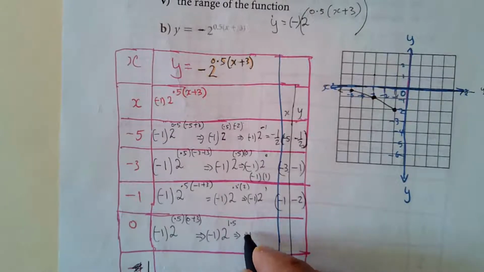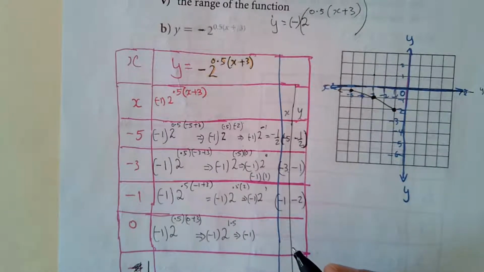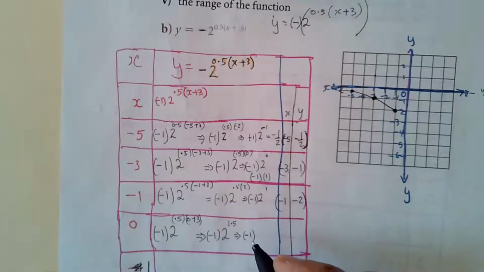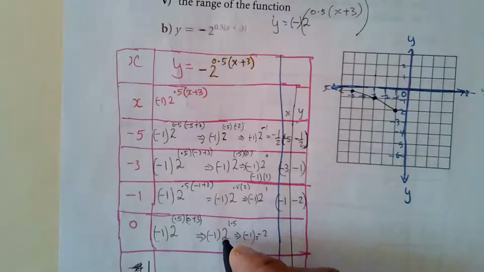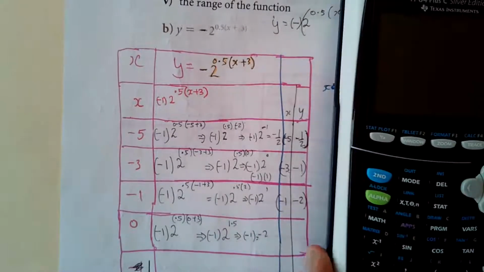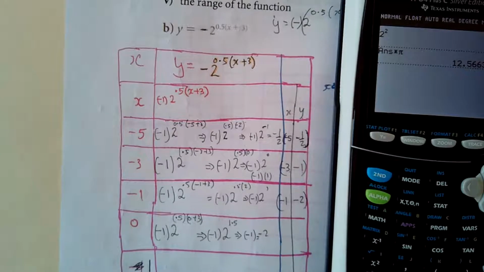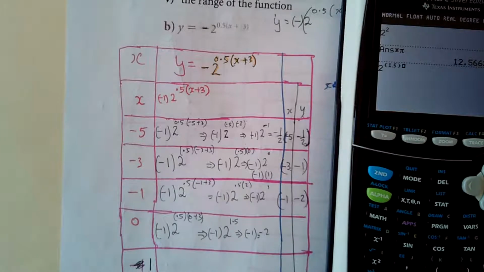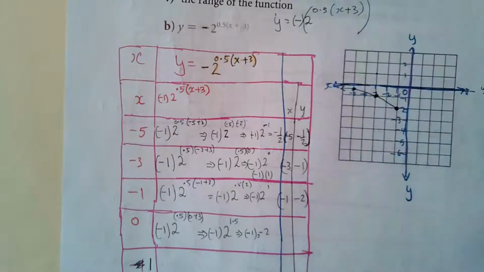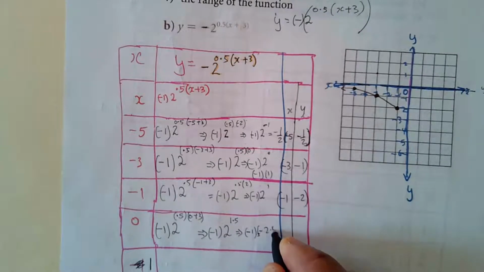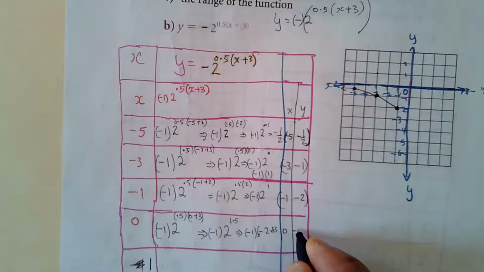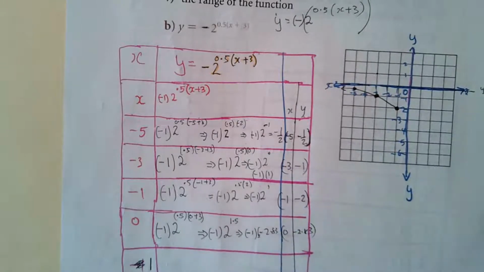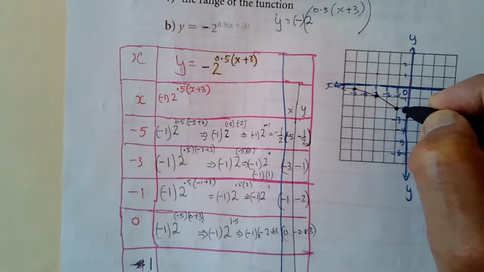Which is -1 times 2 to the 1.5. Approximately, if you were to work this out, it's going to give us -2.2. Let's see what the calculator gives us: 2 to the power 1.5 is 2.83. So we have 0, -2.83. So 0, -2 about here. Connect that point.